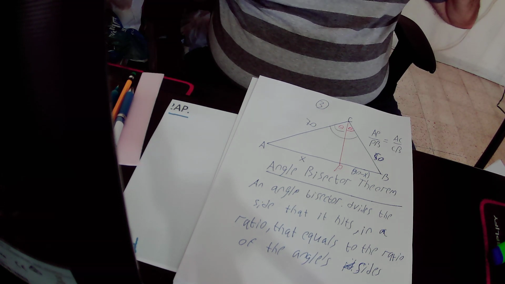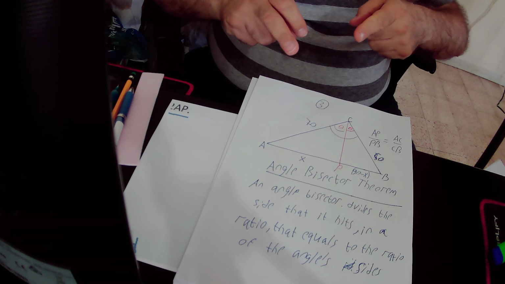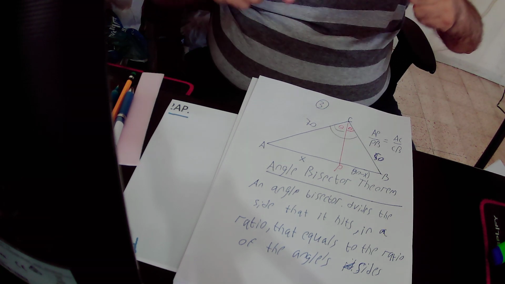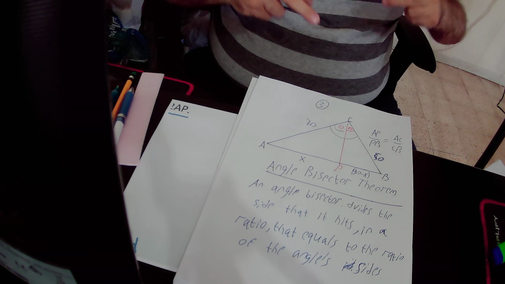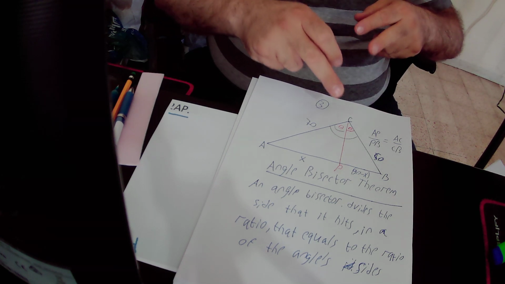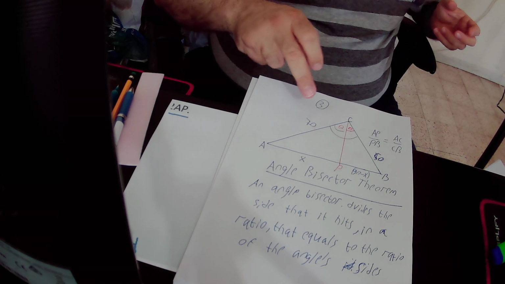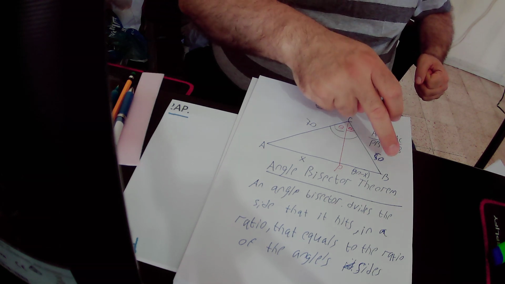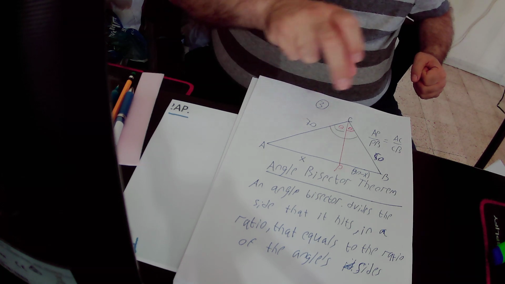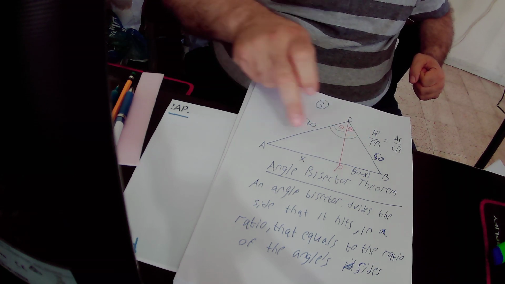Again, the angle bisector CP divides side AB into two parts, part AP and part PB, and the ratio between those two parts, that is to say AP over PB, equals to the ratio between the angle's sides, the angle that is divided into two equal angles, that is to say angle ACB, and the sides of angle ACB are side AC and side CB, and the ratio between those two sides, that is to say AC over CB, equals to AP over PB.